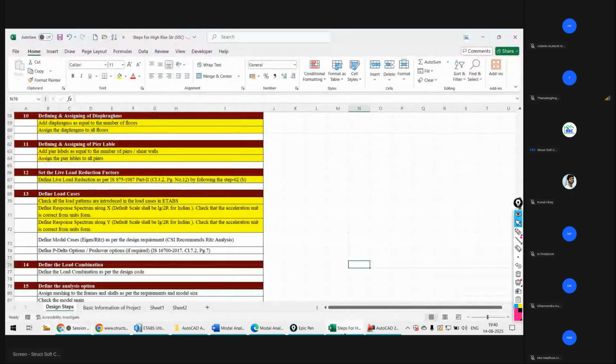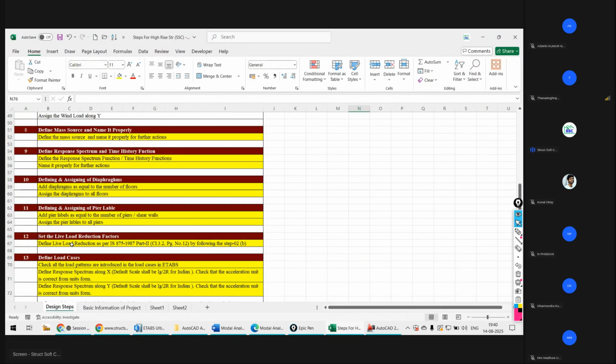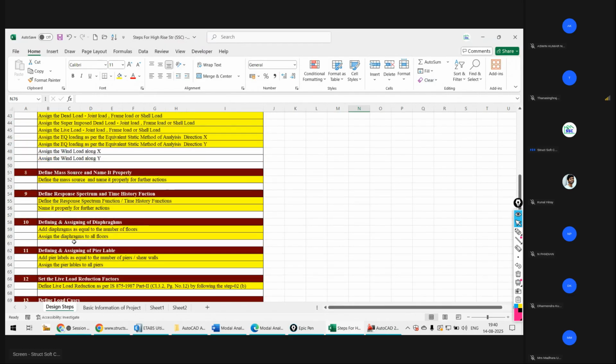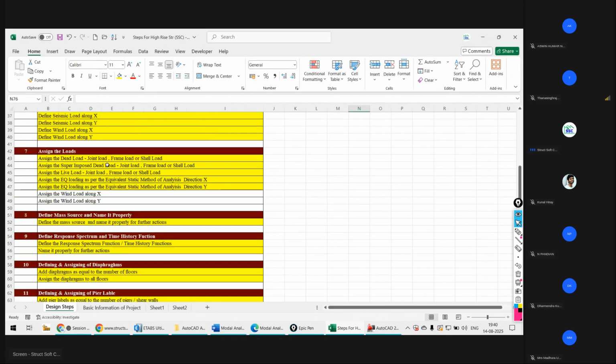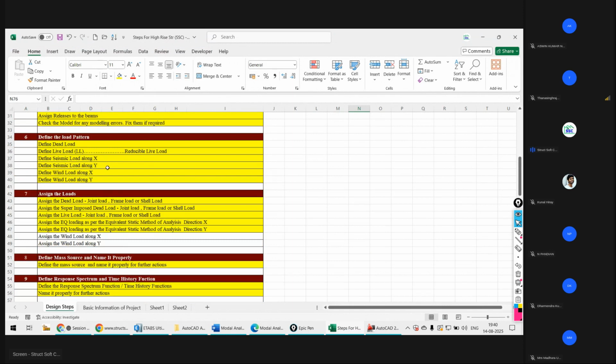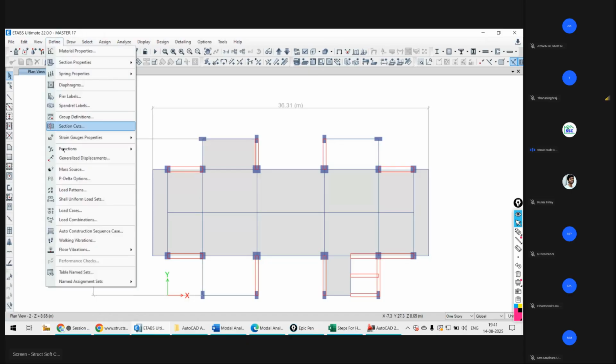This is our sixth session for our advanced level, and till this time we have completed many of the things. In our previous session we discussed how to calculate the wind load for your structure and then how to assign it in your proposed structure.